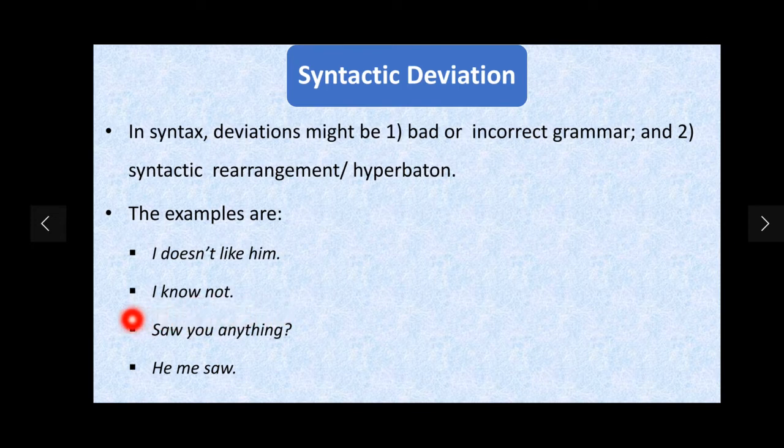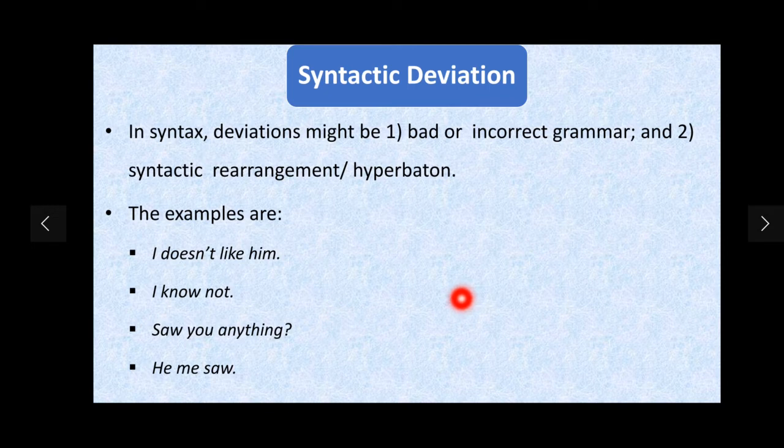The third one, "saw you anything." The arrangement of the sentence is not proper. So that is syntactic deviation because the poet has rearranged the sentence. It should be "did you see anything," right? Or "he, me, saw." Again, the arrangement of the sentence is not proper. It should be "he saw me." Because we have proper word order in English sentences.